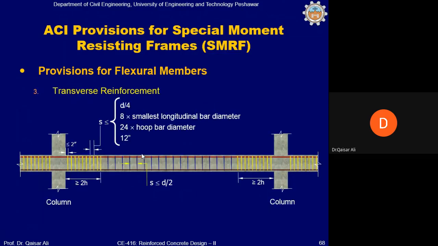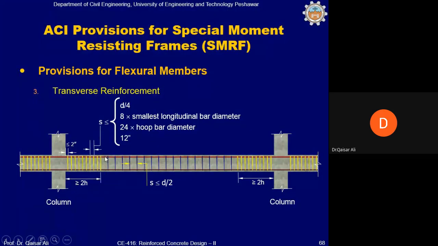Okay, next is the provision for the ends of the beam up to a certain length, and these provisions are with regard to transverse reinforcement or stirrups. The ACI code says that on both ends of the beam, from the face of the column up to a distance equal to twice the thickness of the beam, this face is the face of the column, and from this up to a distance equal to 2h.